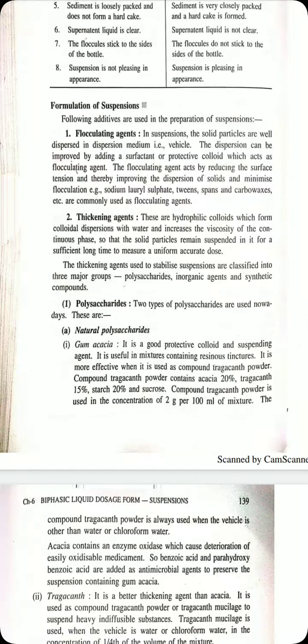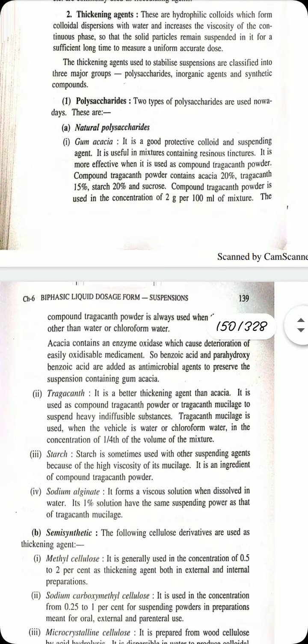So what are the ingredients we have to use during the preparation of suspension, in short, the formulation of suspension? In that we use flocculating agents. Flocculating agent means the vehicle. Next, thickening agents, polysaccharides.